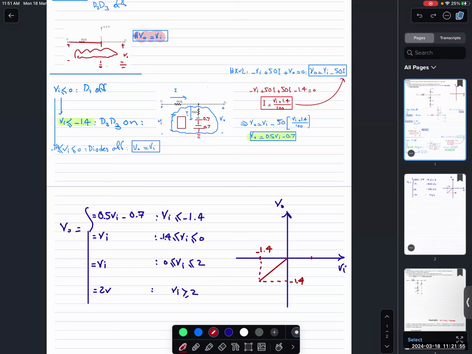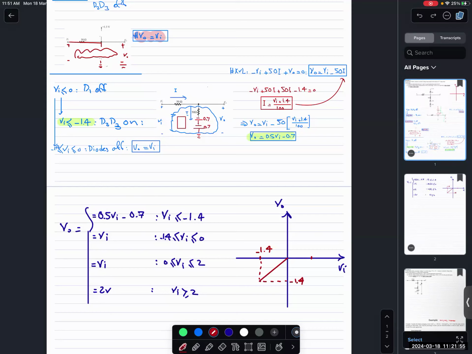Then to sketch this one, it's normal, no problem, and you have the range. You have from minus... But let's sketch it. Okay, so up to minus 5. Okay, so here 5, and then just put the numbers here. From minus 5 then minus 1.4, it will be something like this. Okay, why? Because on this side the slope of y equal to x is 1, but here the slope is y equal to 0.5x.